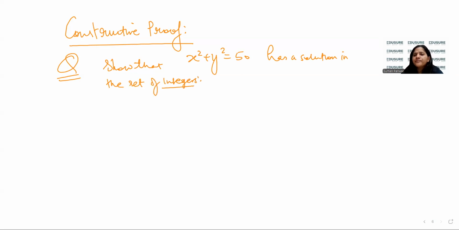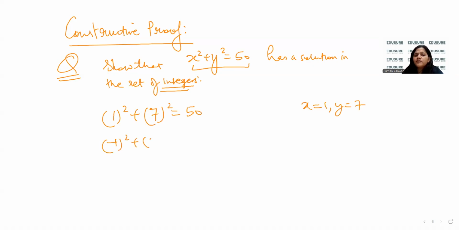Just come up with one example for which this is true. For example, 1 square plus 7 square is 50. So x equals 1, y equals 7. Similarly, minus 1 square plus 7 square equals 50.